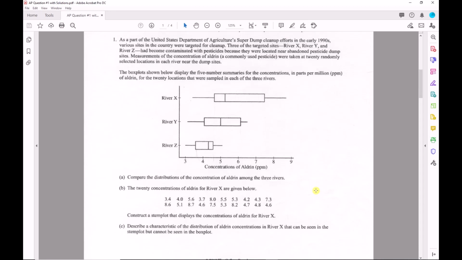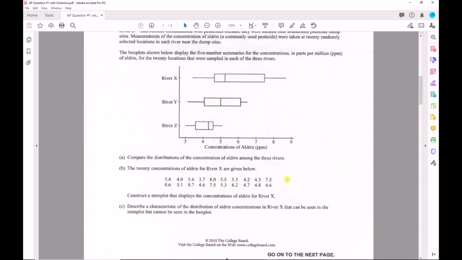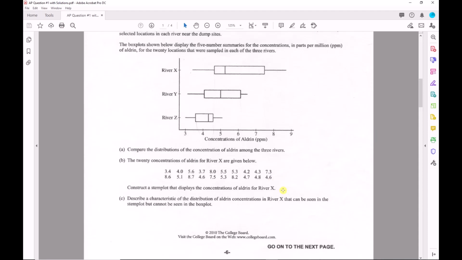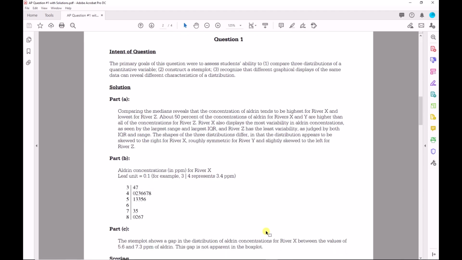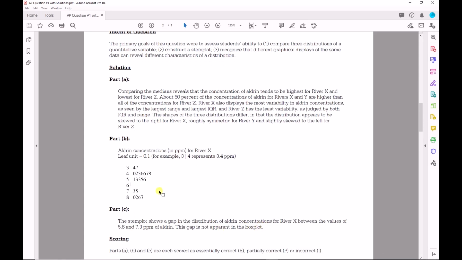We'll look at it. They wanted you to make a stem plot for the actual data, and it's a little weird because it's not integer values, but it is discrete because it only goes to one decimal place. So when you do that, it should look like this. Now you got to put a key, right?